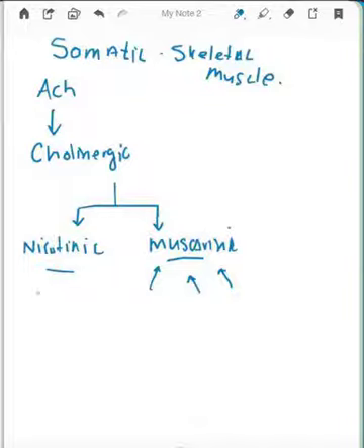And then we said that nicotinic receptors are often located in muscle tissue. This could be smooth muscle, could be cardiac muscle, and as you have no doubt guessed at this point, it would also include skeletal muscle.